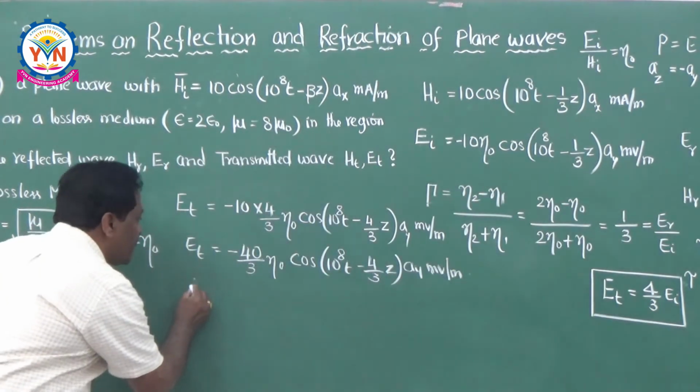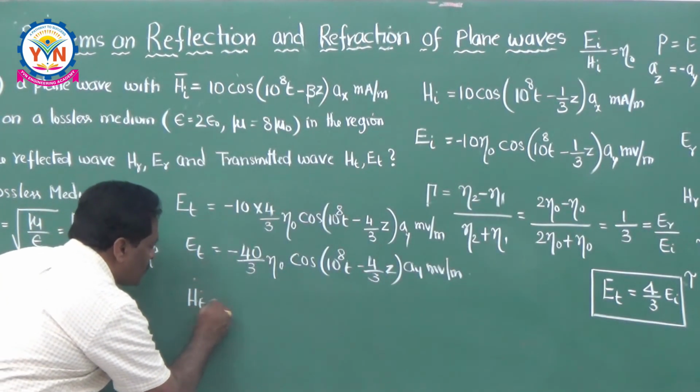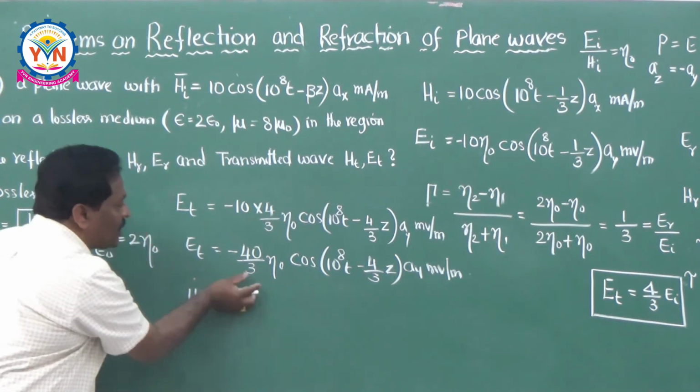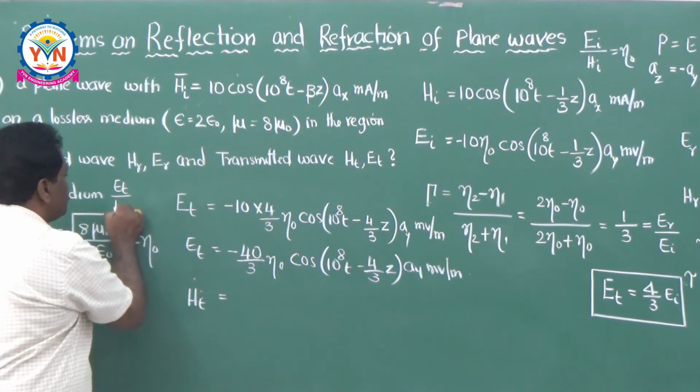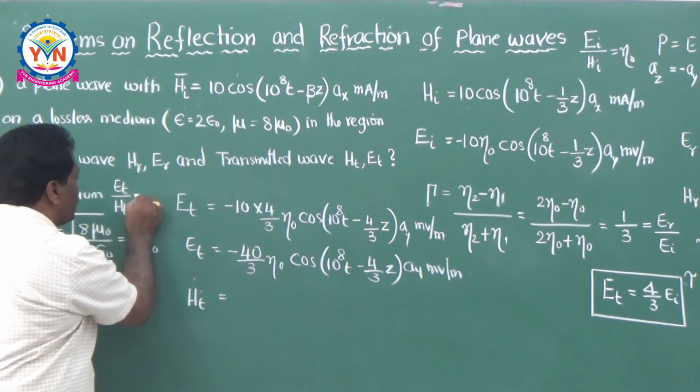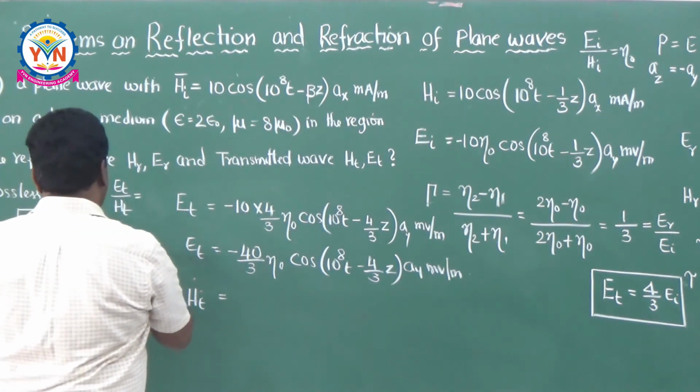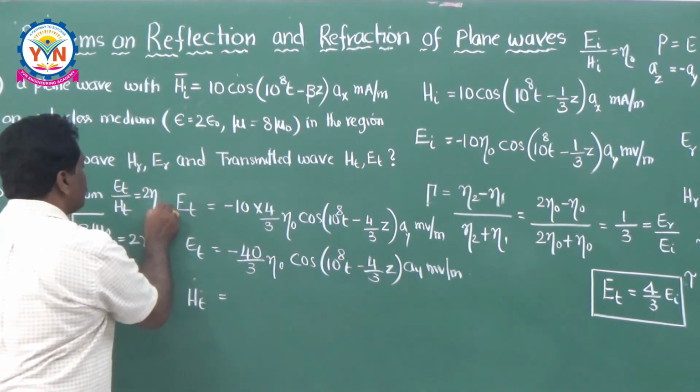Similarly, HT can be written as its magnitude. What is the magnitude of this one? You know, ET by HT for the second medium is equal to eta 2, that means 2 eta naught.